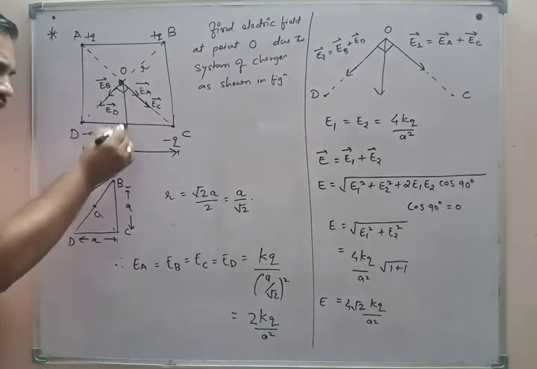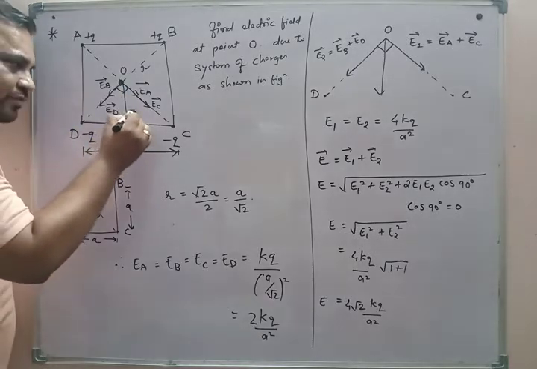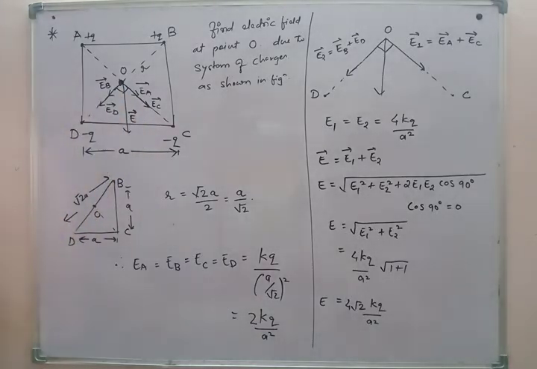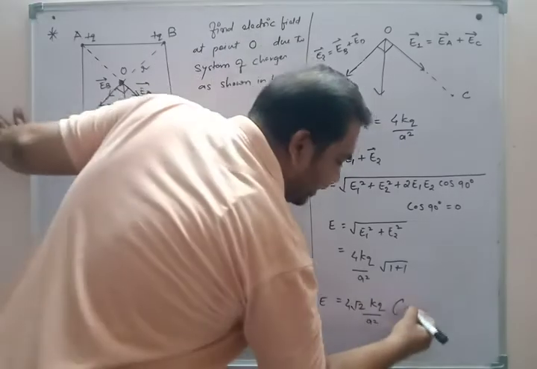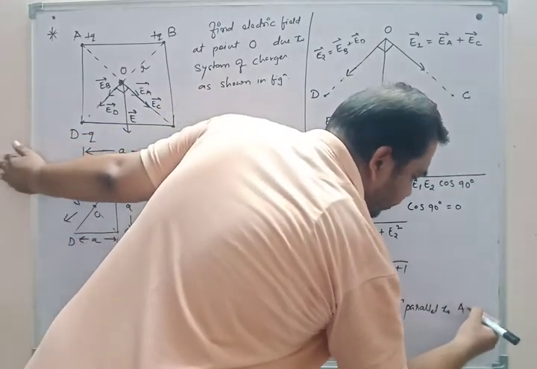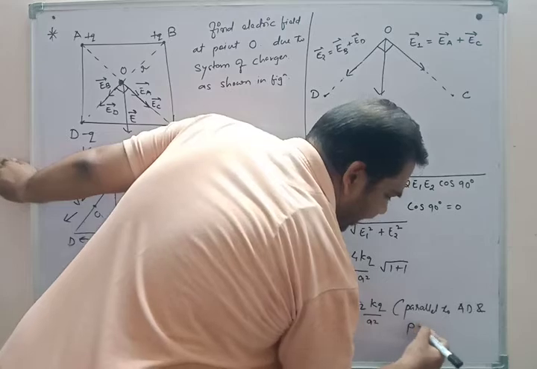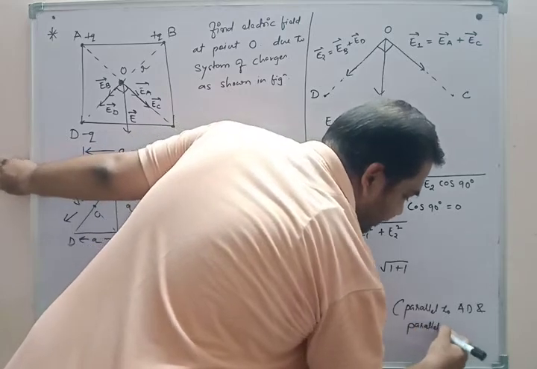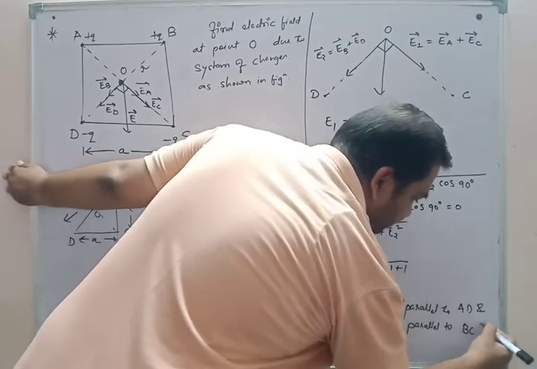Over here also I can draw it this way. This is the direction of the resultant electric field. So one can easily understand that the direction of this electric field is parallel to AD and parallel to BC.